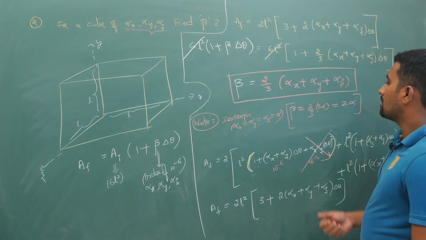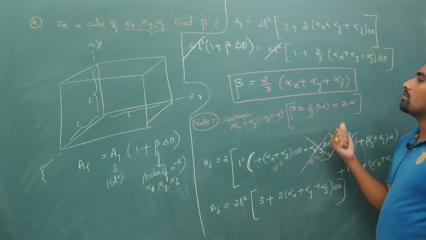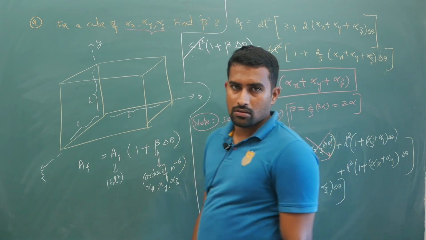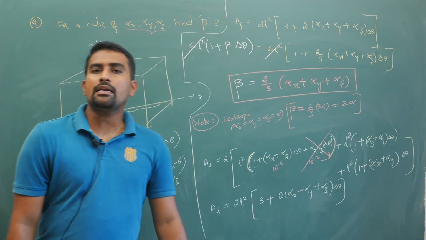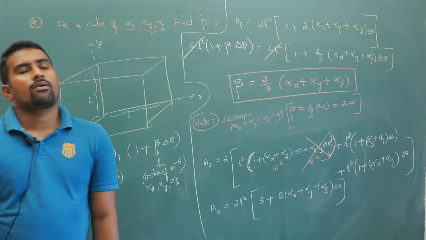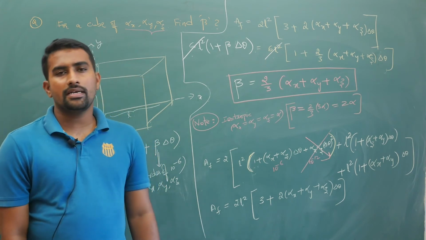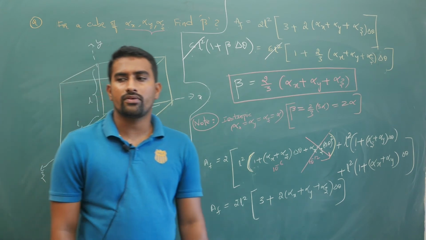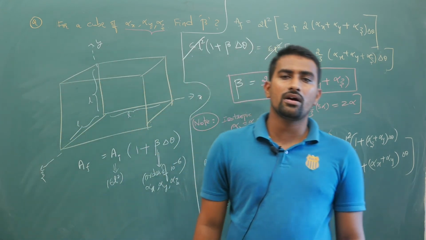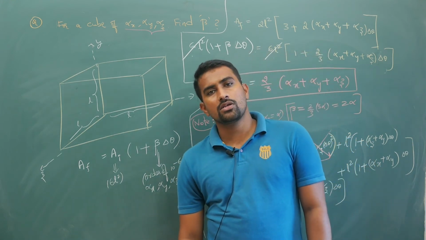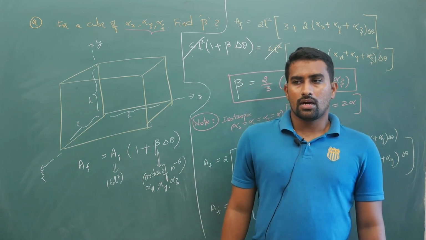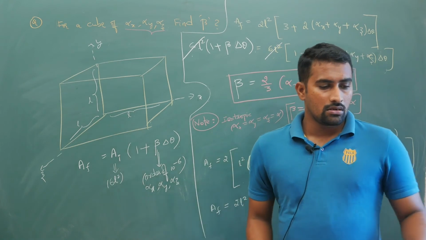So for an isotropic solid, beta is equal to 2 alpha. If nothing is mentioned, please do consider isotropic solid.